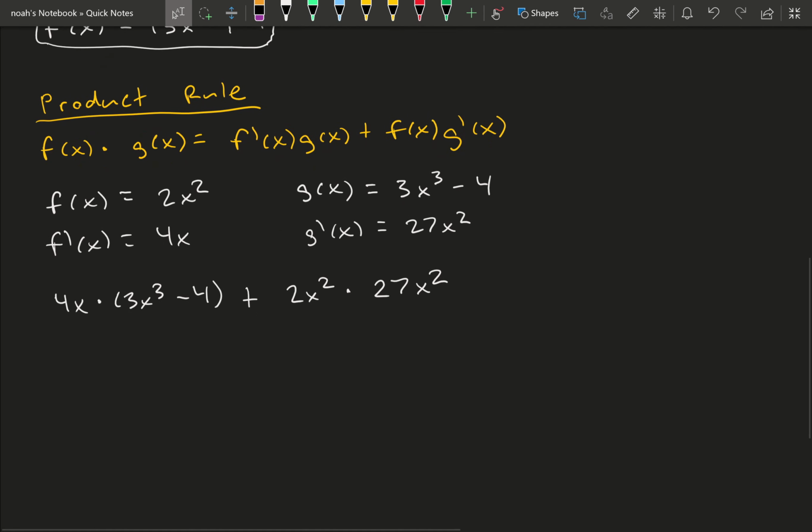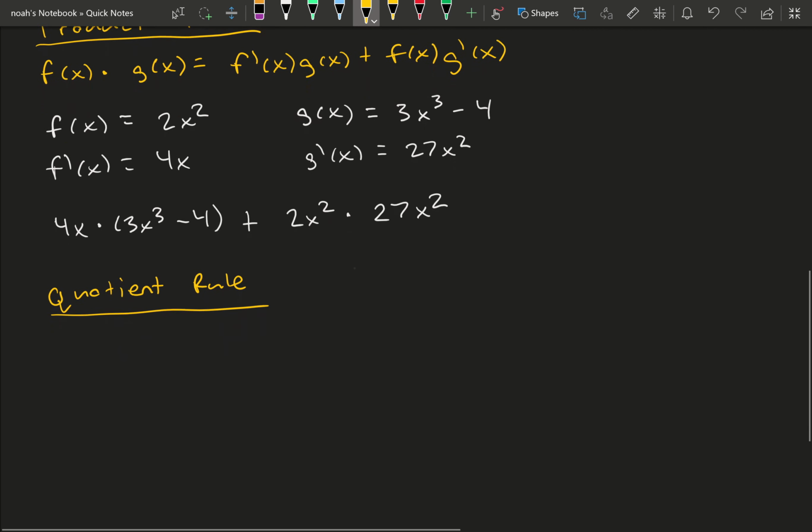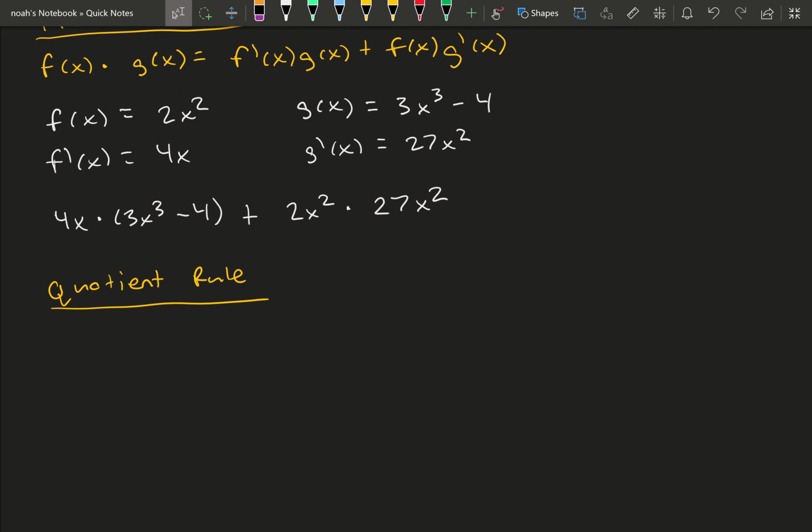The last important rule, there's more, but these are the fundamental ones, is called the quotient rule. And this is f of x over g of x.